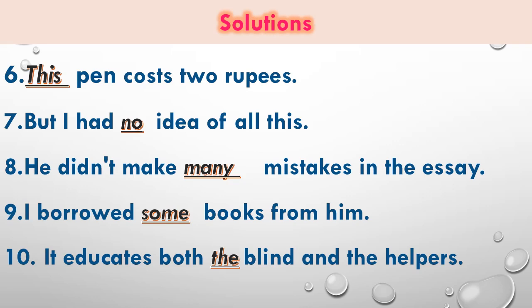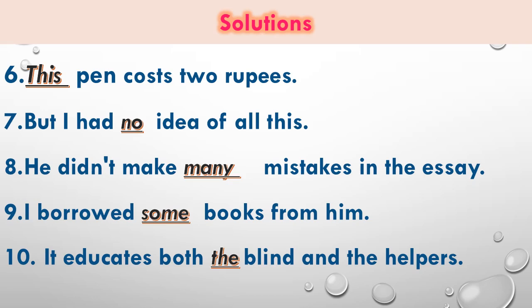So the word no will be here. Next is he didn't make many mistakes in the essay. That means many, many means a lot, but didn't is used, so it means he didn't make a lot of mistakes. Mistakes is a plural word. So we have used the word many here. Many means he made a lot, but didn't means he did not.